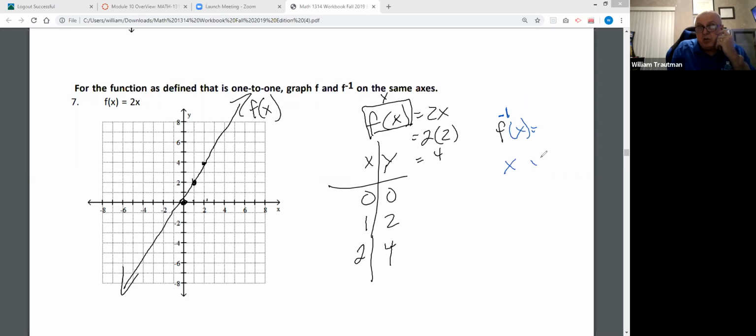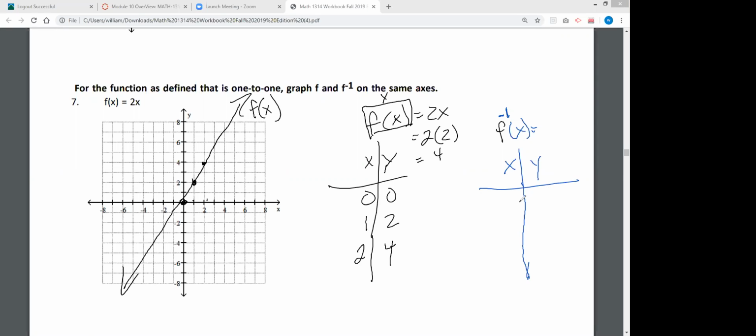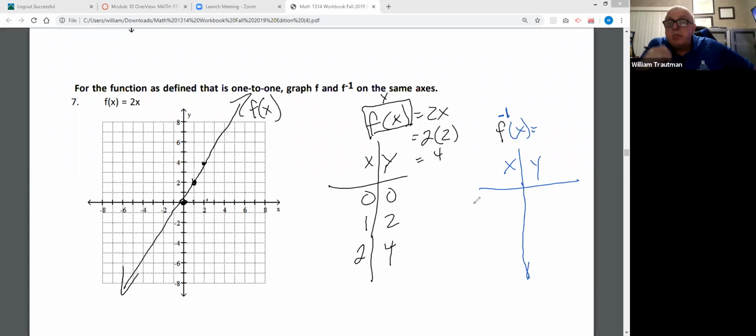Can somebody tell me what coordinates I should use for my inverse? Anybody? What coordinates should I use? Say that again. Well, you can start with 0, yes, you can.